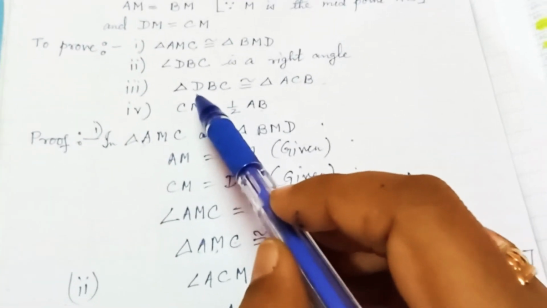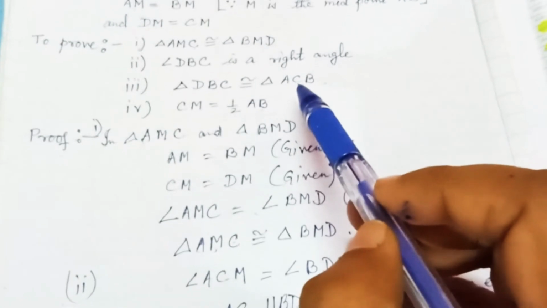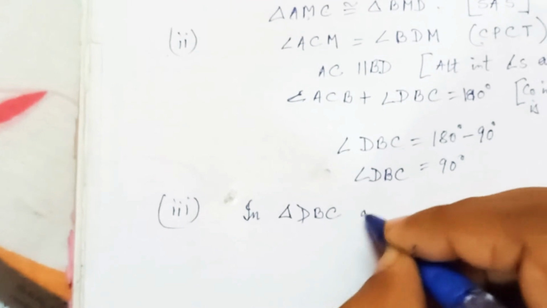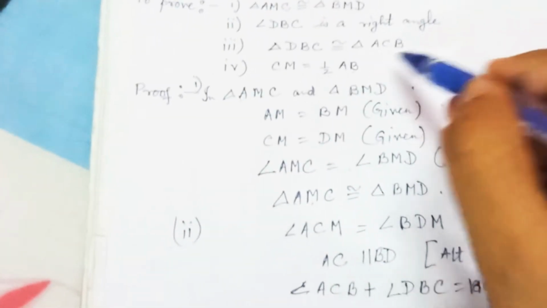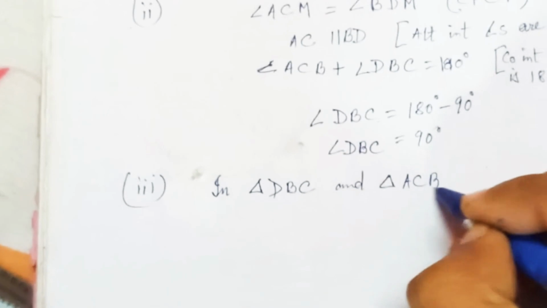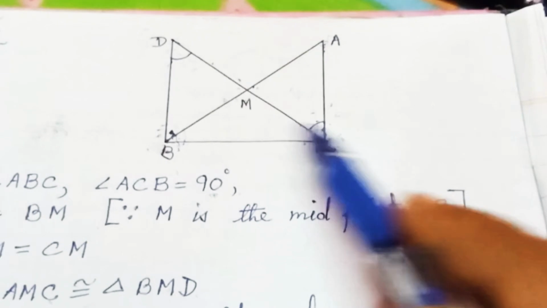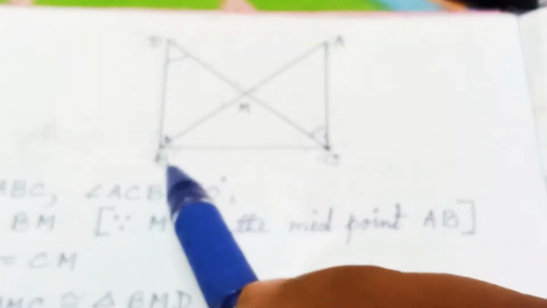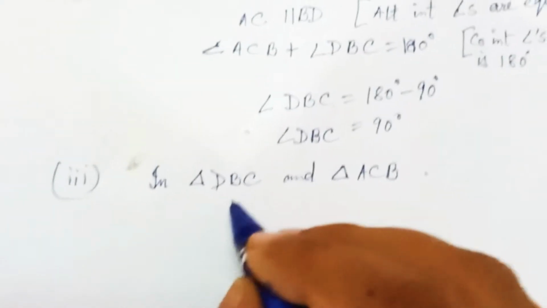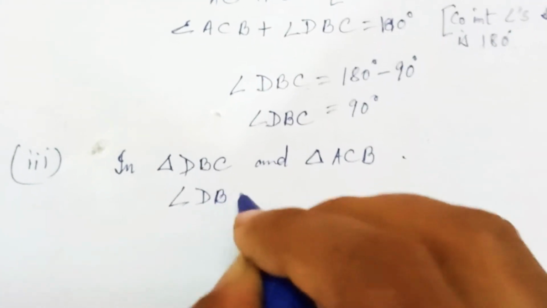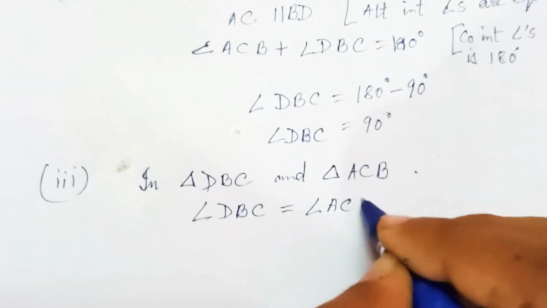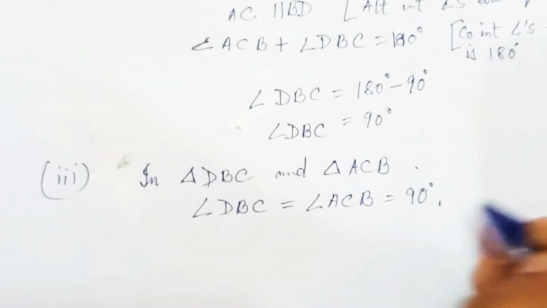Now the third part, that triangle DBC is congruent to triangle ACB. So we will take triangle DBC and triangle ACB. In these two triangles, you can see that these two angles are 90 degrees. So angle DBC equals angle ACB equals 90 degrees.